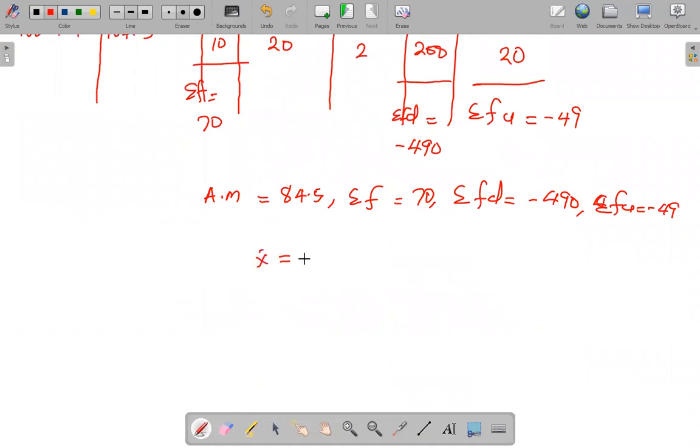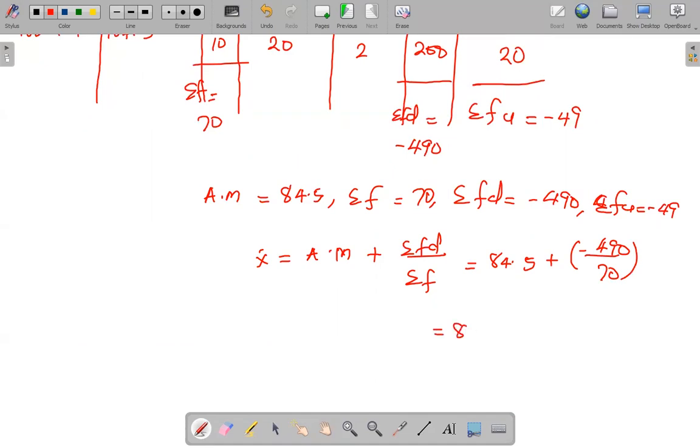The mean x bar is assumed mean, let's call it AM, plus summation FD over summation F, which is 84.5 plus minus 490 over 70.